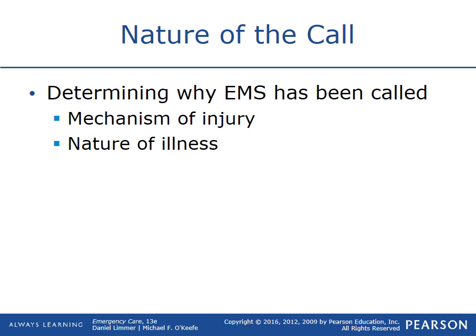You can have blunt trauma or you can have penetrating trauma. There's different types of motor vehicle collisions, and all of them have statistics as to whether or not they bring severe injury or even minor injuries. Nature of illness is for medical calls, determining what is wrong with the person that they called you today.